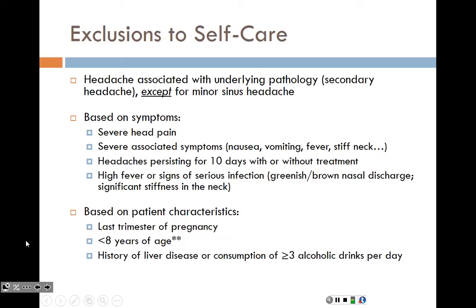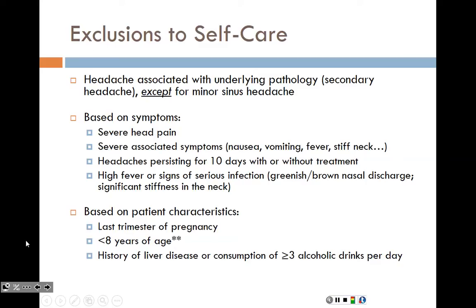Other people we probably wouldn't want to use these products in are based on characteristics. So last trimester pregnancy, if they're having pain of any sort, they probably need to be evaluated, and a lot of products aren't recommended in that last trimester because you're going to get more exposure for the fetus. So more than likely you'd want to refer those patients on just to be safe. Less than 8 years old, that's basically for headaches.